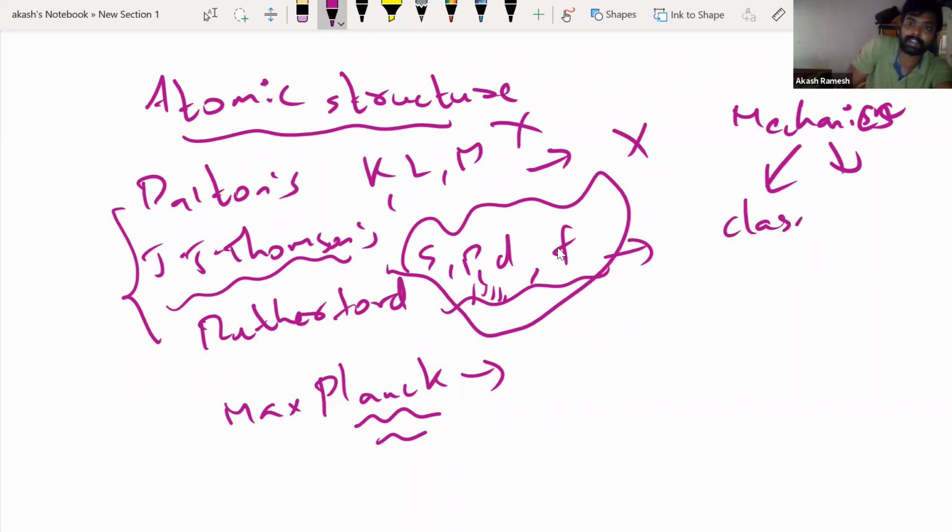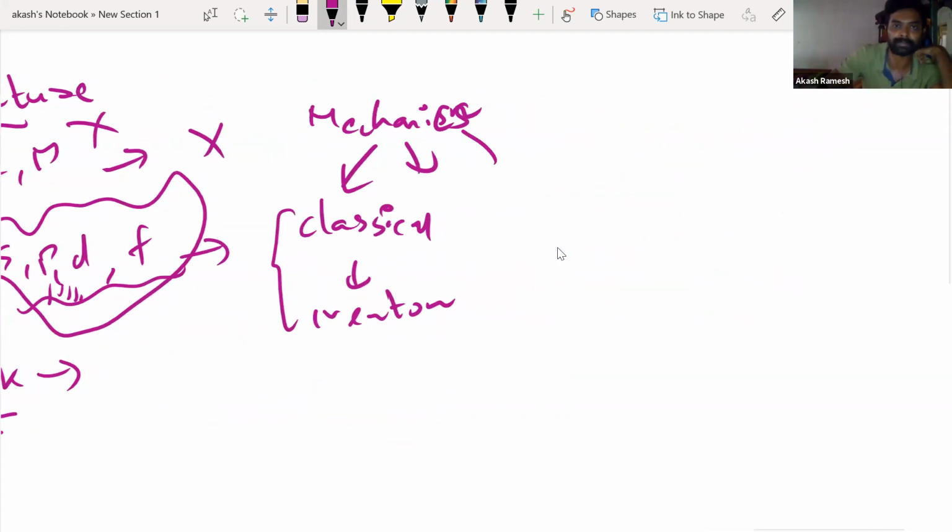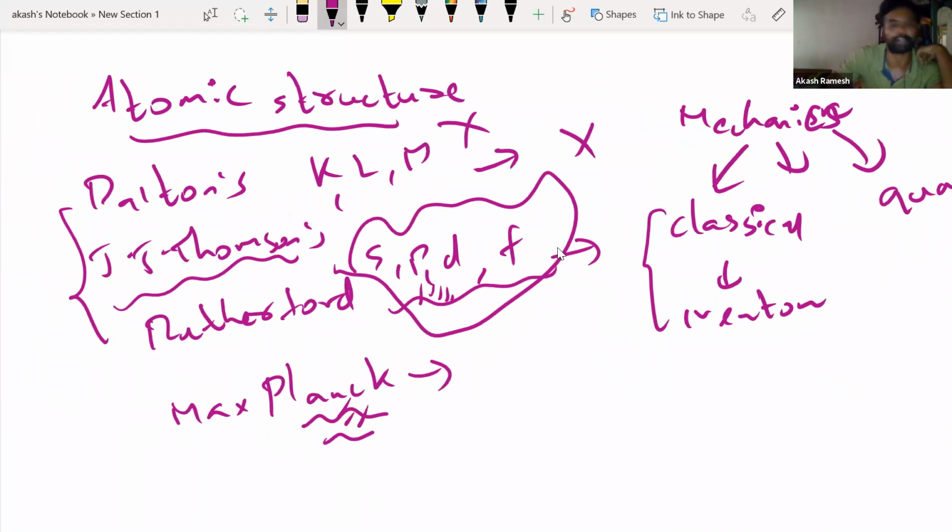One is classical mechanics, that is your Newton. That is for normal things, for human beings; you can apply it to planets, the moon, the sun, all of these with classical Newtonian physics. But when you go to subatomic levels, that is where quantum mechanics comes in. The introduction to quantum mechanics was given by Max Planck.